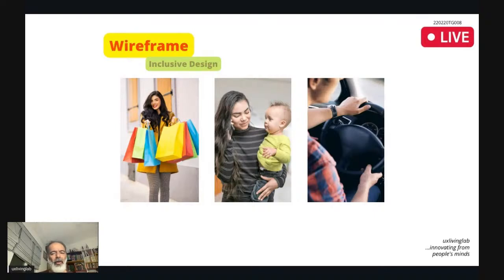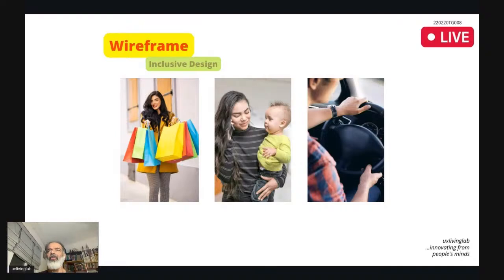Look at a mom carrying a kid who wants to use the phone. She's disabled because one arm is reserved for carrying the kid. Think about a driver. This is called situational disability.